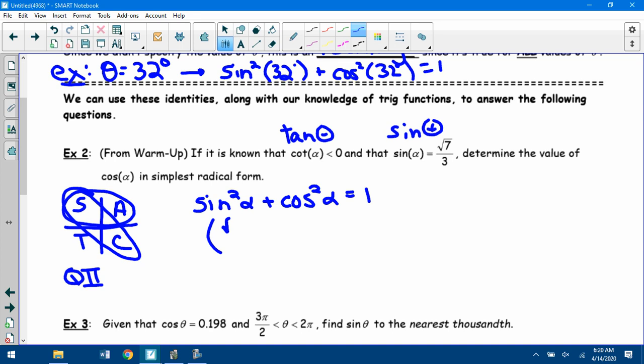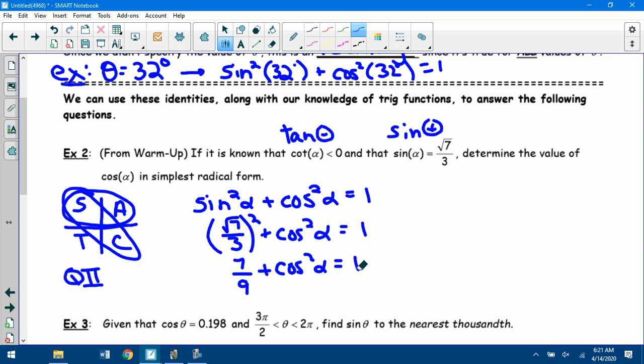So radical 7 over 3 squared plus cosine squared alpha equals 1. My goal is to find cosine of alpha. So what would radical 7 over 3 squared be? We'd square the radical 7 and you'd get 7. Square the 3, you'd get 9. So 7/9 plus cosine squared alpha equals 1.